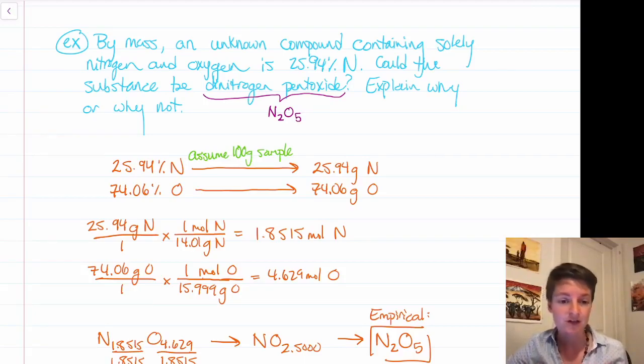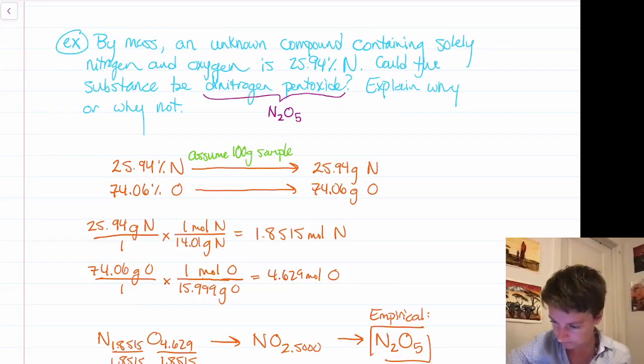However, I would not say based on this information that we know for sure that this compound is N2O5 because again, the true molecular formula of this compound could be any integer multiplier of this. So we could have a molecular formula of N4O10 or N20O50. It seems a little implausible, but still, we don't have enough information to know for sure whether or not this compound is truly dinitrogen pentoxide.